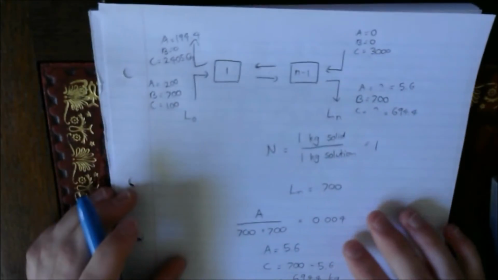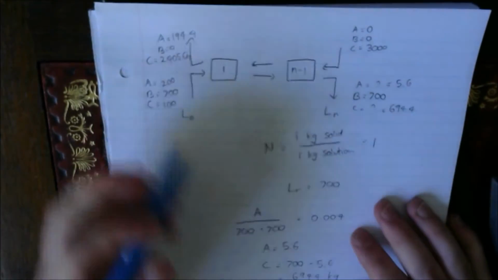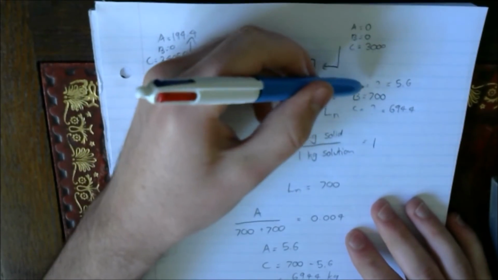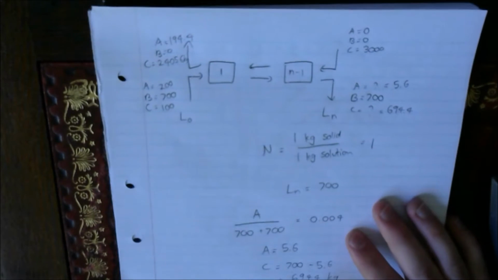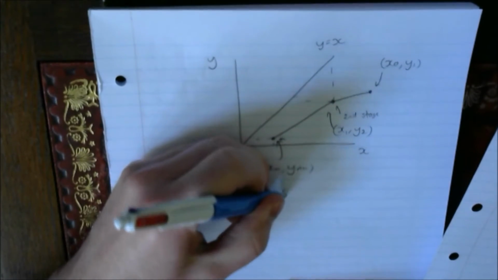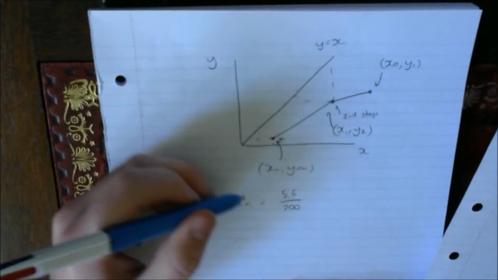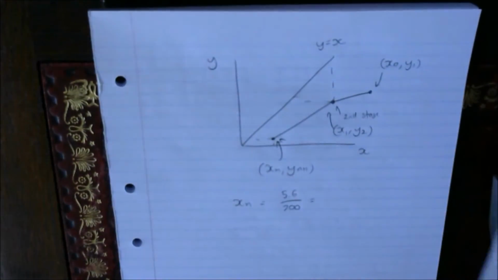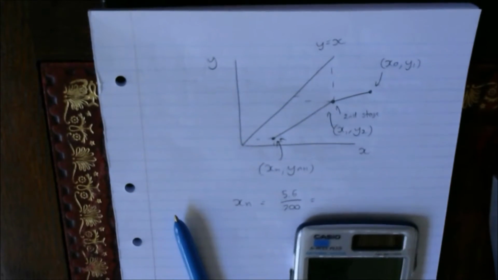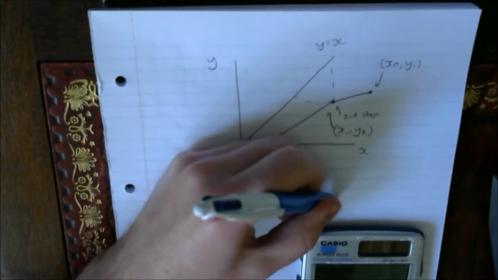Looking at our diagram, xn is going to be the concentration of A in this stream here, the final underflow stream. So that's going to be equal to 5.6 divided by 700, our total mass of solution. So xn is going to be equal to 0.008.